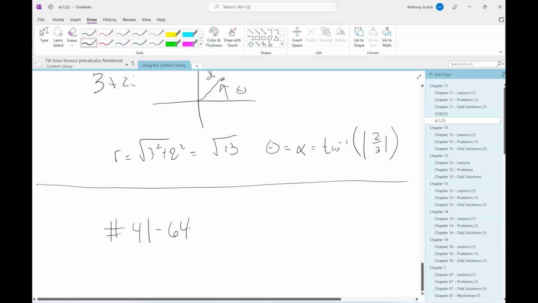So at this point, you should be able to do up to 64 in the problem set. There's only 3 sections in this chapter. What should you expect next week? Homework quiz. Next class meeting. I think that's probably a good bet.